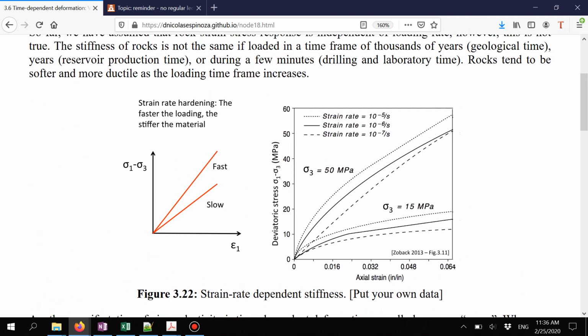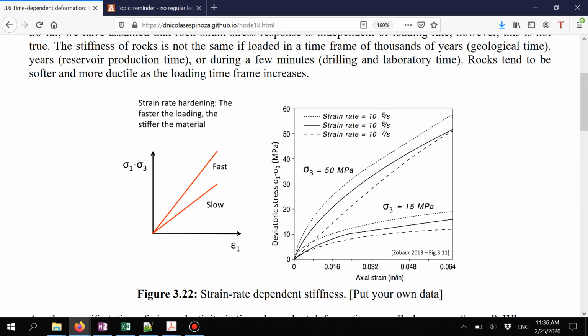Related to viscoelasticity, this is the capacity of viscoelastic materials to have a different Young modulus depending on whether you load these materials slowly or fast. And this is just one extension of the previous two phenomena, creep and stress relaxation.